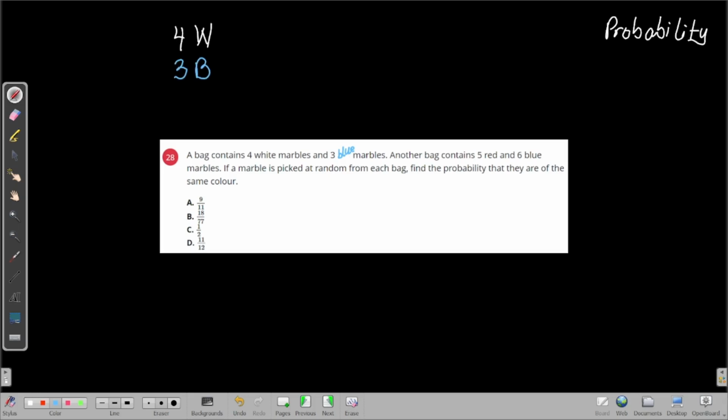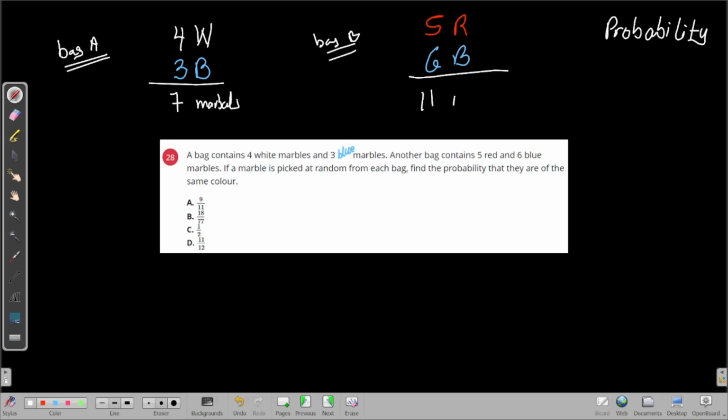Okay, so let's call this bag A. Bag A has 7 marbles in total. Then for bag B, it has 5 red marbles and 6 blue marbles. That is 11 marbles in total.